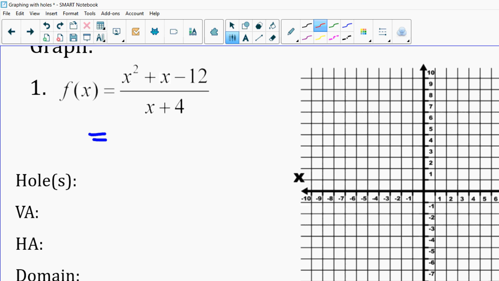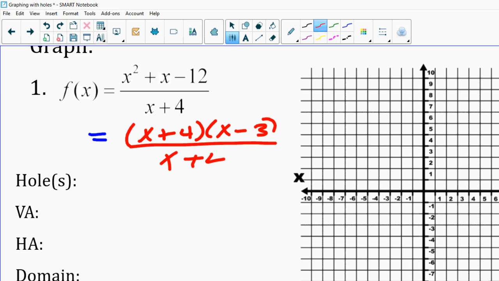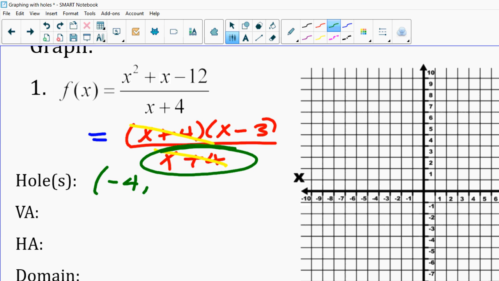That's right, because this was x plus 4 times x minus 3. So is the hole just a denominator? The hole is what makes that factor that you factored out equal to 0. So I have a hole when x is -4.